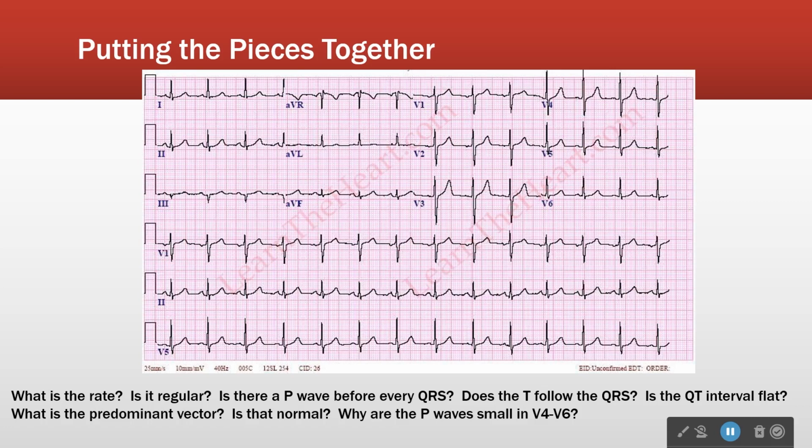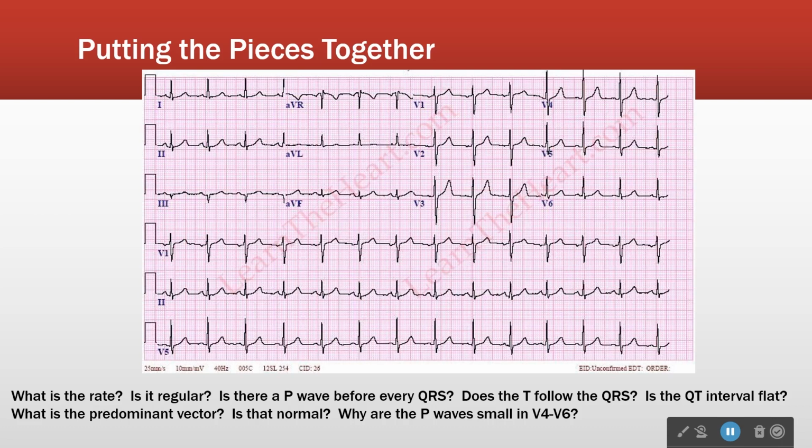The top 3 lines are uniform across all machines, okay? How many and which leads you get for your, we call these rhythm strips, where we see one lead over a longer period of time, this is variable. You can set the machines differently to get you different views.